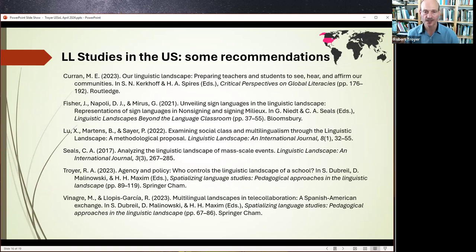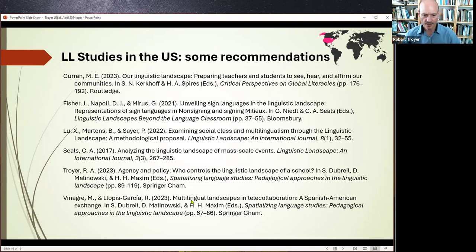Is it the teachers? To what degree do the teachers control what they put up in the hallways, and what kinds of control do the administrators have? You have district-wide administration, you have building administration. So there's a lot of intersections of agency and policy that we need to think about in terms of making our schools reflect the languages that are present in our students' lives.